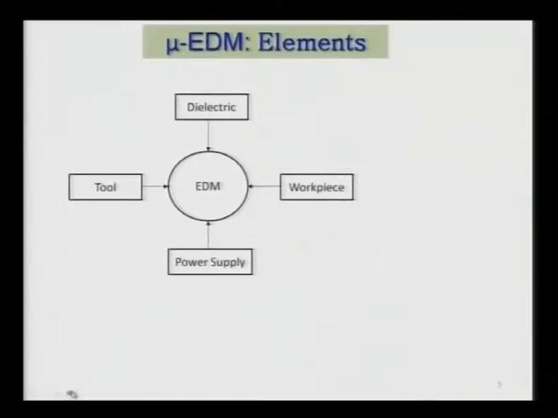Now, what are the electric discharge micro machining setup elements? It is the same as what we had in electric discharge machining, that is the tool, which is also known as cathode and made of electrically conducting material. Then you have the workpiece, again made of electrically conducting material.